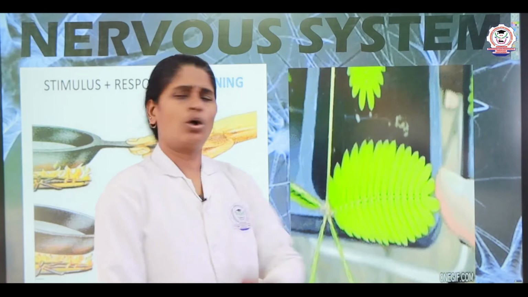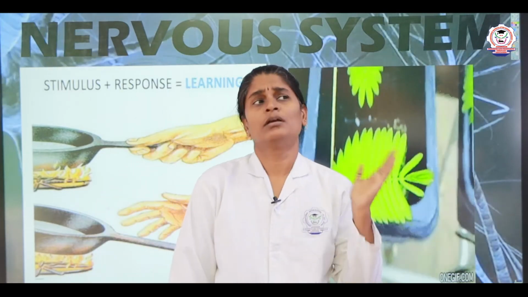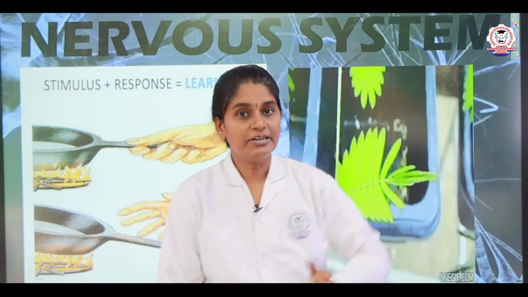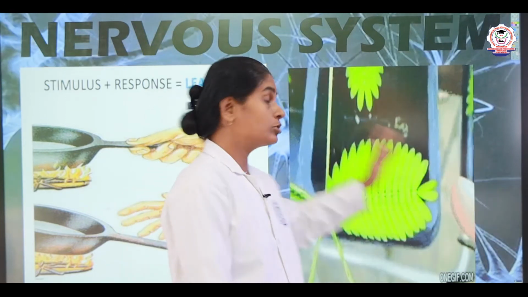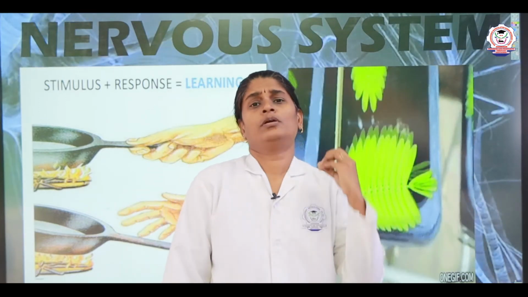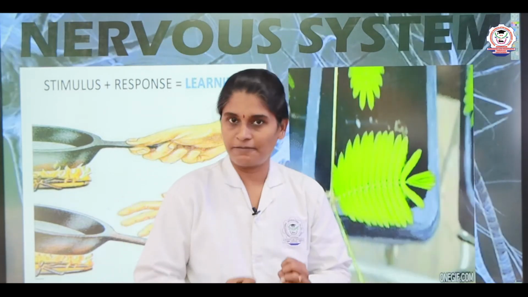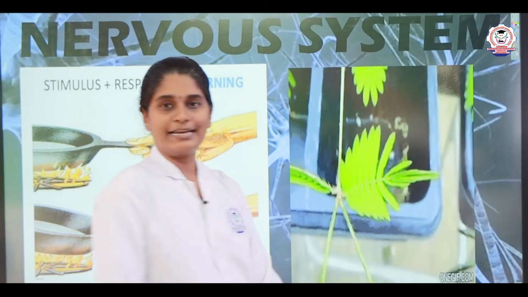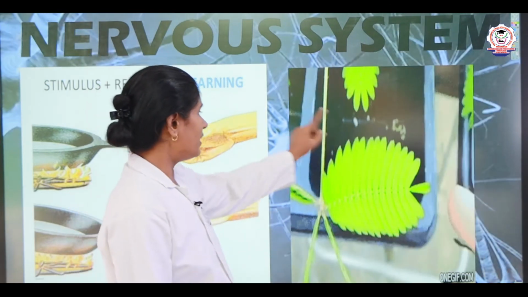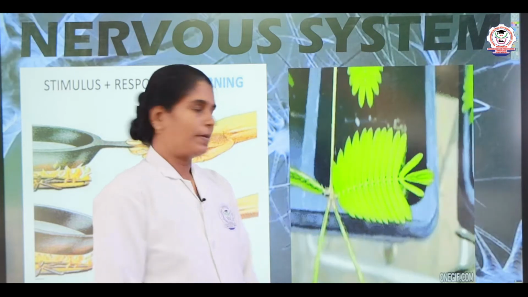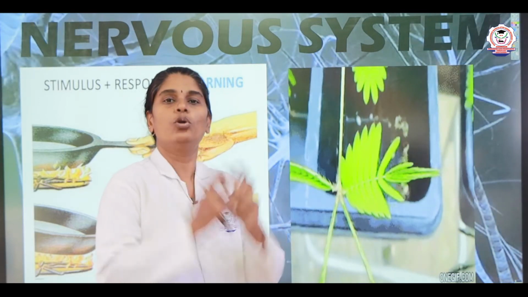Not only in human beings and animals, even plants can give some response to any stimuli. Stimuli is nothing but anything that we receive, right. Here you can see a touch-me-not plant. If we touch a touch-me-not plant, it will close itself.